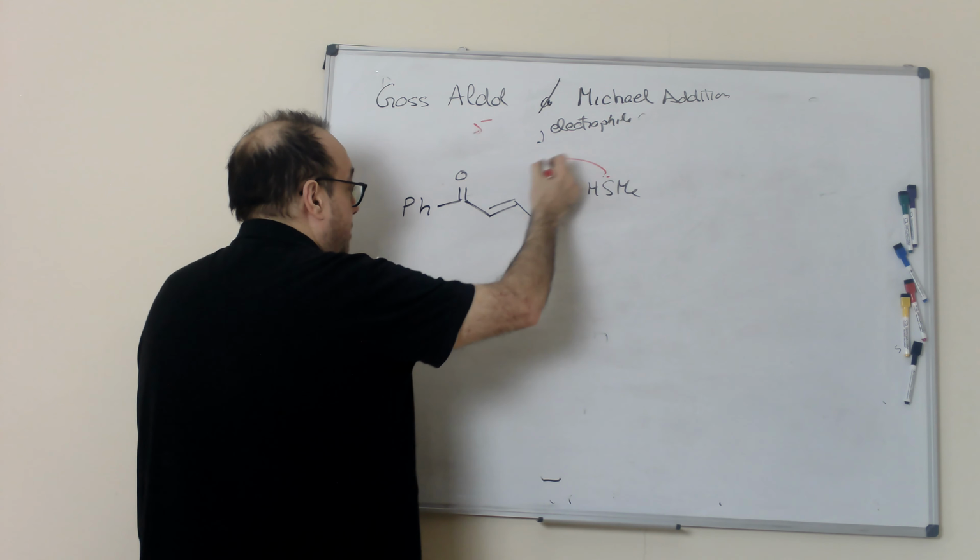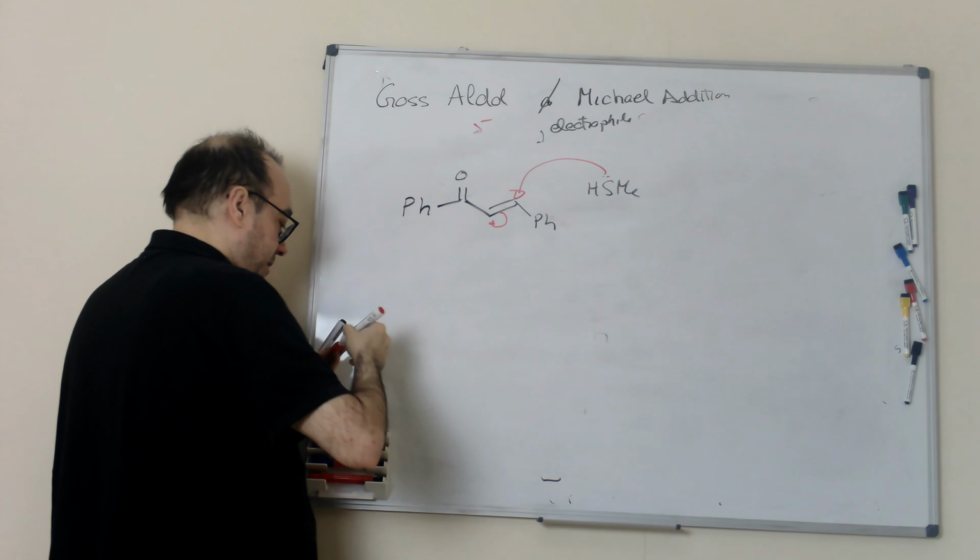A pair of electrons of the sulfur will attack here. We form the same intermediate as usual.